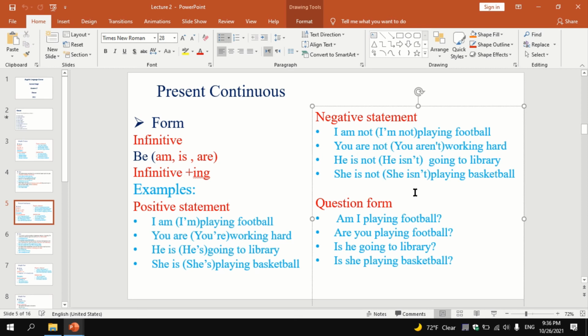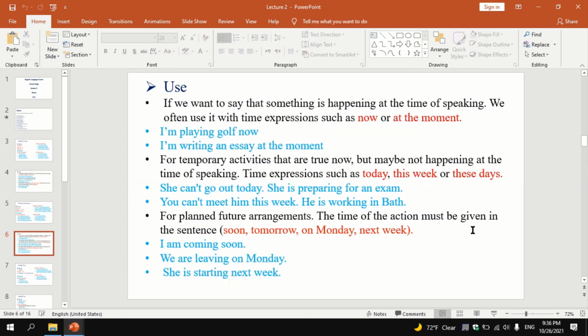In question form, am I playing football? Are you playing football? Is he going to library? Is she playing basketball? The use of this tense is as follows.